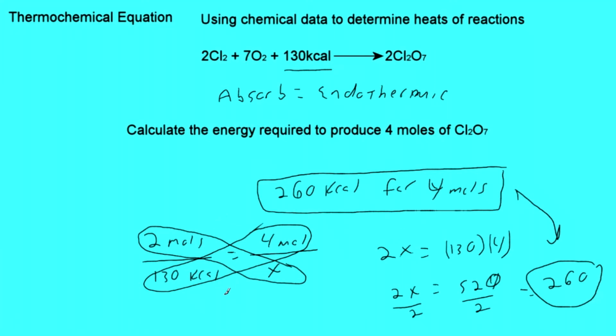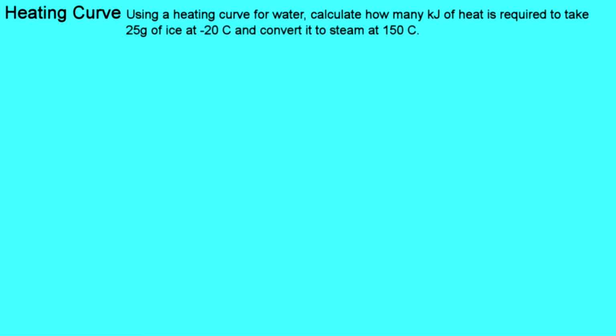They're usually pretty easy. What may happen here is you may have a question that asks you about grams. So what you have to do is use our favorite formula to solve that problem. Thermochemical equations, not too difficult.